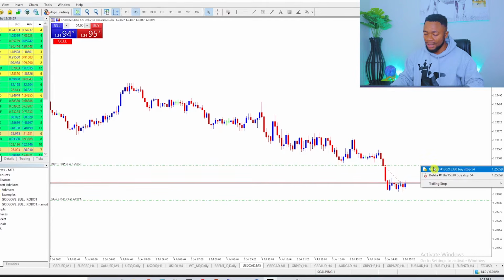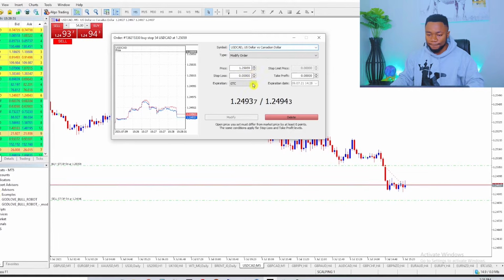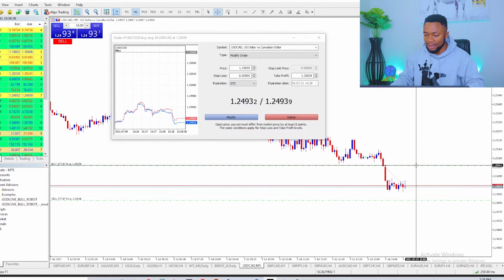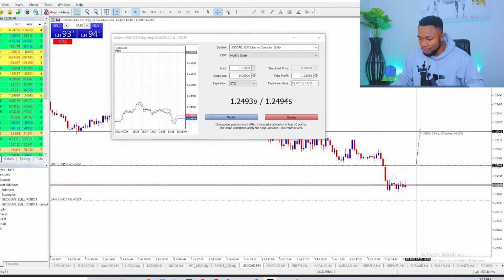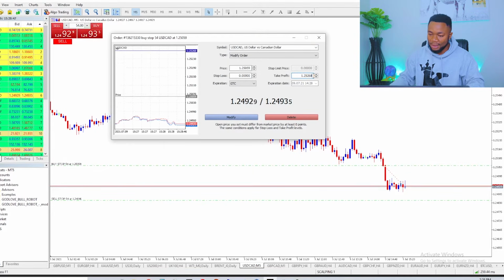Here we put our take profit and our stop loss. Take profit on this one, we're going to put 20 pips. 20 pips from here is 0.25268.